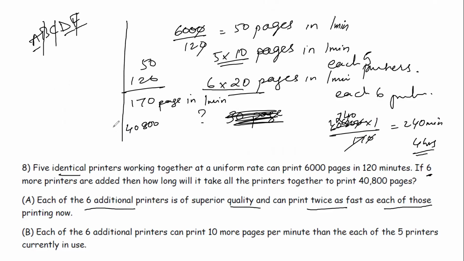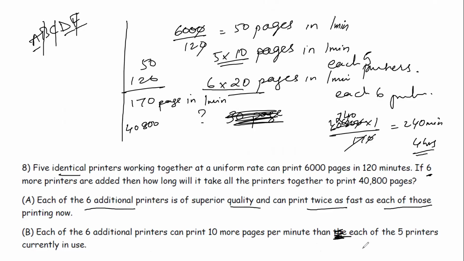Second part. Each of the 6 additional printers can print 10 more pages per minute than each of the 5 printers currently in use. Then the word out here should be deleted.